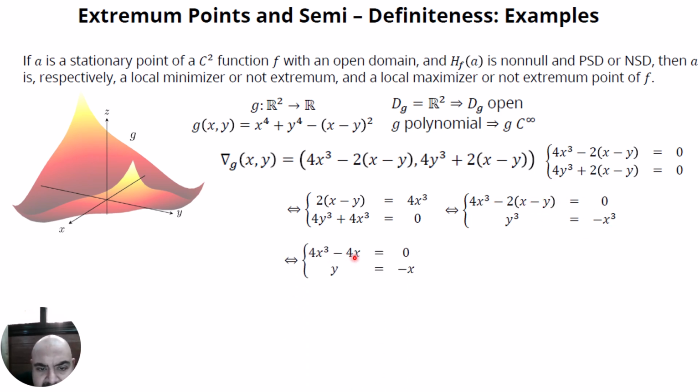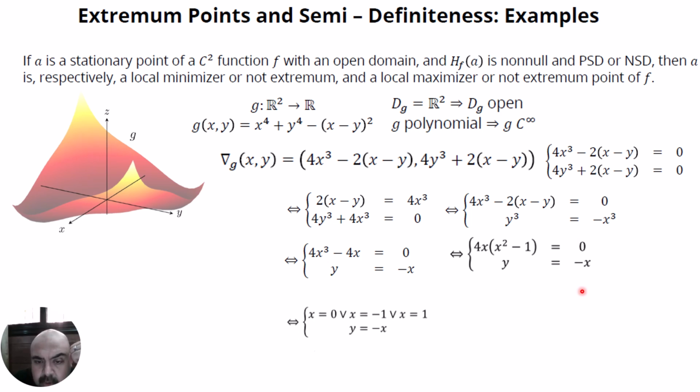We will end up having this, which means once you take 4x as a common factor, we have 4x times (x squared minus 1). That's the case, so you will have x equal to 0. That's a critical point. You will have x equal to positive 1, x equal to negative 1, and substituting in y equals negative x for these values, you will have your critical points.